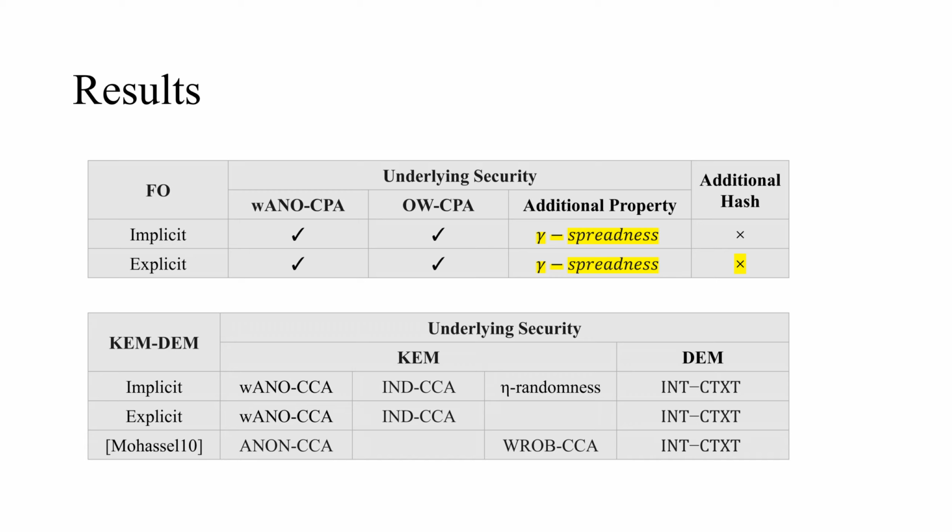I think the Gamma-spreadness is also needed in the implicit case, and as you see, we adopt the online extractability technique. If we don't have this property, maybe we cannot provide the CCO oracle for the underlying PKE.